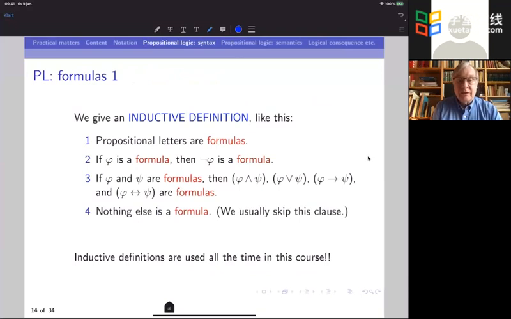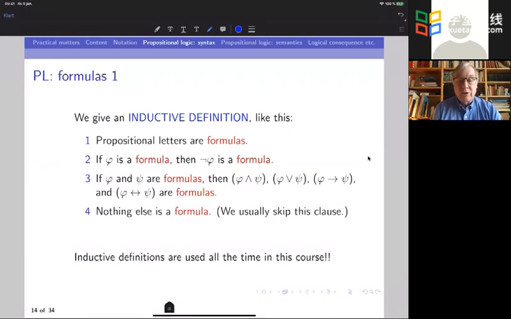It's an inductive definition, and you will meet many inductive definitions in this course. So you see, the first part says that propositional letters are formulas. So we're defining the notion of a formula. The second clause says that if you have a formula and put a negation sign in front of it, you get another formula.